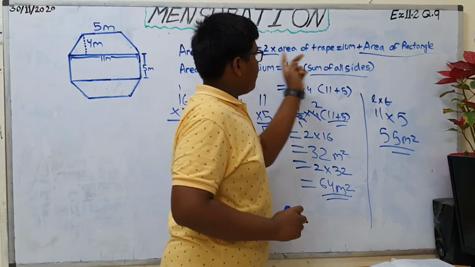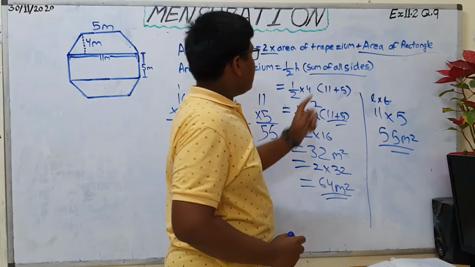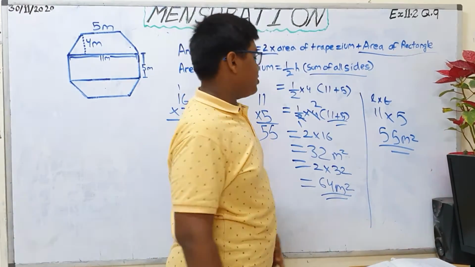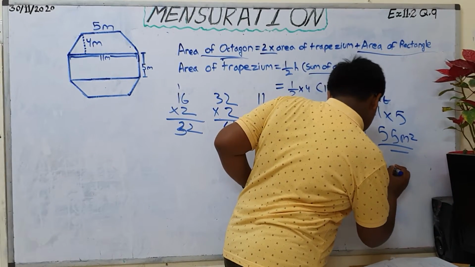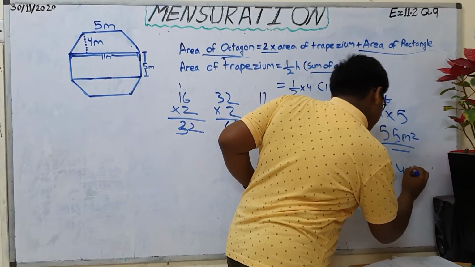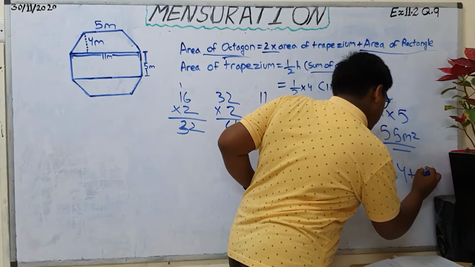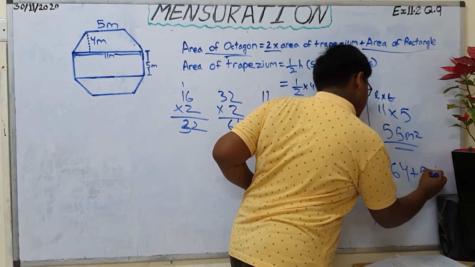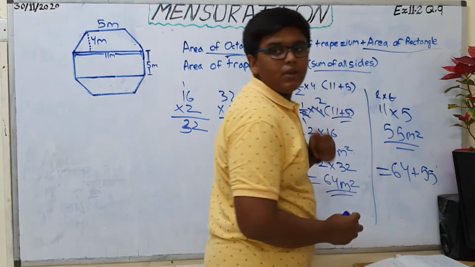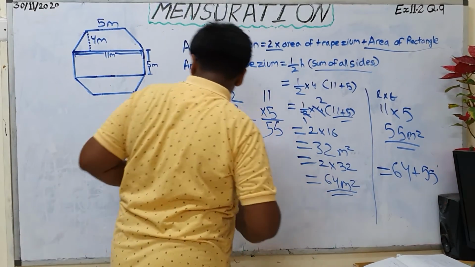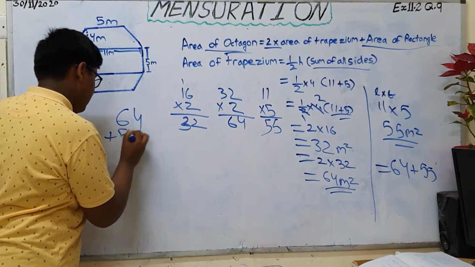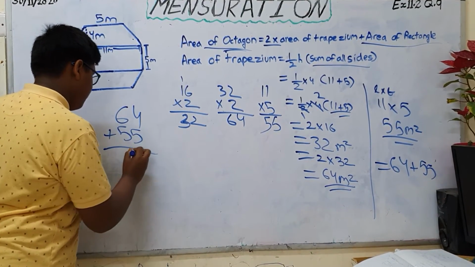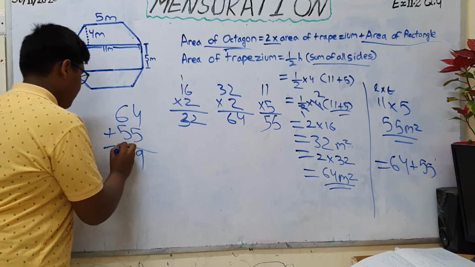Now this area of trapezium is equal to 64 plus the area of the rectangle is equal to 55. Now we are going to add them both, 64 plus 55 as I wrote here. Let's add them here. 64 plus 55. So 4 plus 5 is 9 and 6 plus 5 is 11.